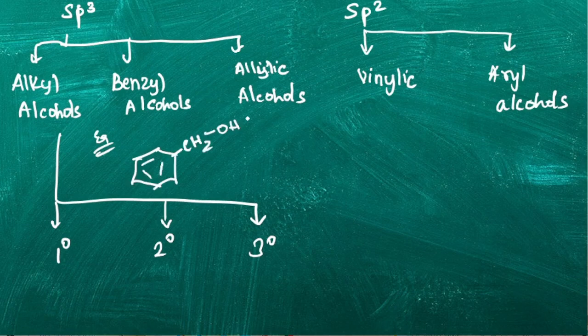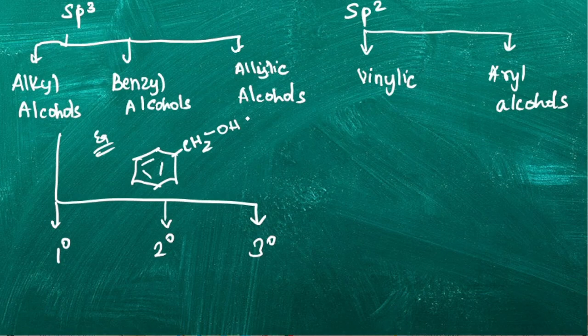That means the OH will not be directly attached to the benzene ring. If directly attached to the benzene ring, then it forms sp2 hybridization. sp3 hybridization means it should have single bonds. The carbon to which the OH attaches should be sp3 hybridized.